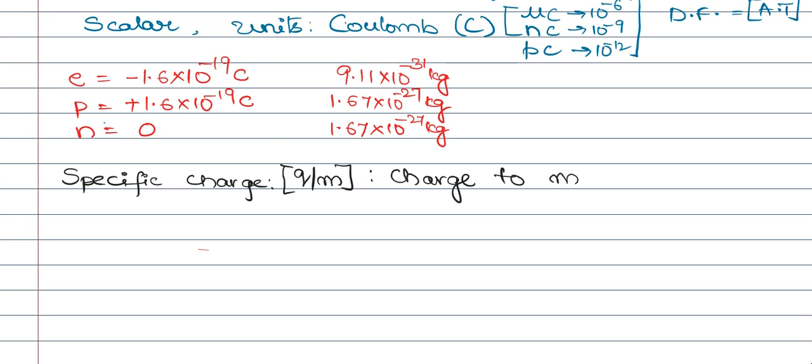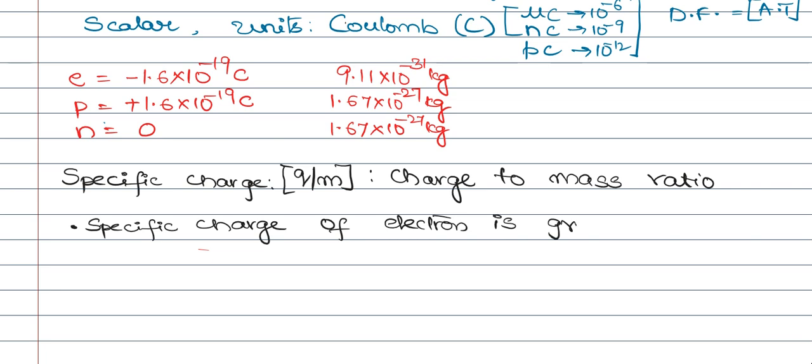Charge to mass ratio. Suppose they ask you: specific charge of which particle is greater, electron or proton? You can answer like this: as both have the same charge, and mass is less for the electron, the specific charge of the electron is greater than that of the proton.